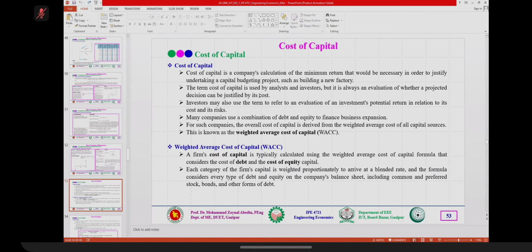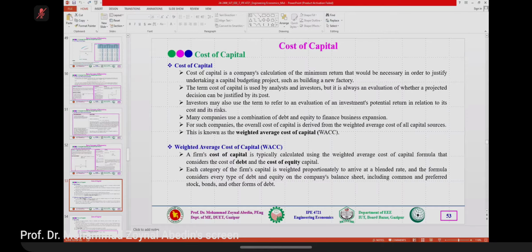Investors may also use the term to refer to an evaluation of an investment's potential return in relation to its cost and its risk. Many companies use a combination of debt and equity to finance a business expansion. For such companies, the overall cost of capital is derived from the weighted average cost, WACC, of all capital sources. This is known as weighted average cost of capital.